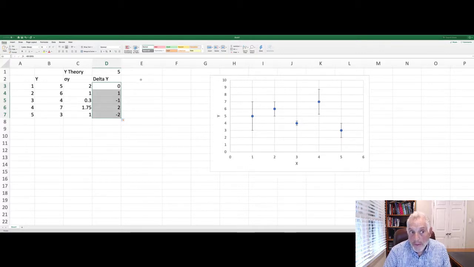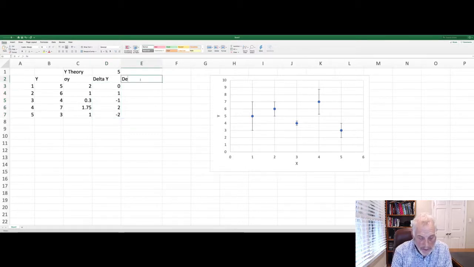So chi-squared was delta y squared over sigma squared. Let's compute that, which is delta y squared over, we'll call it sigma squared. Okay, we'll label it. So what is this?